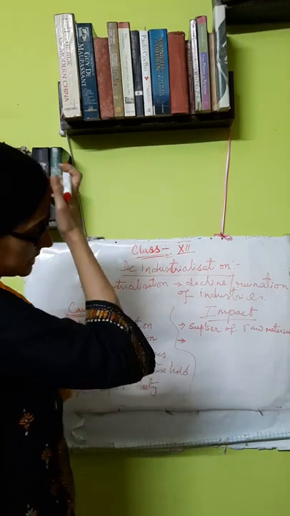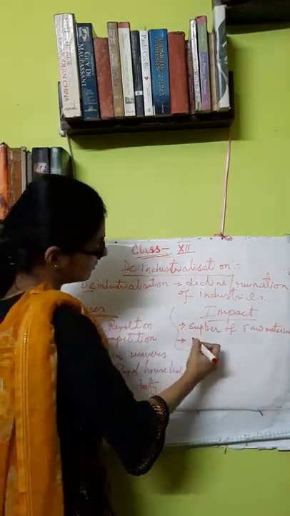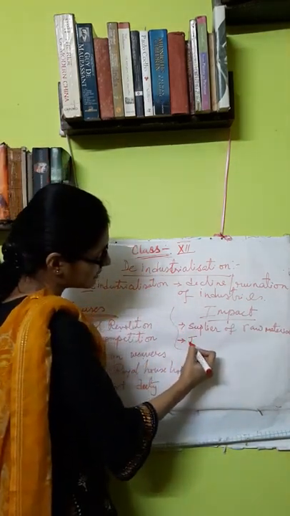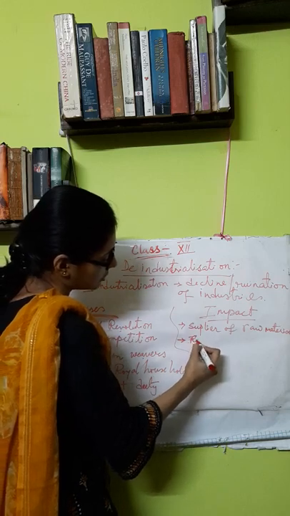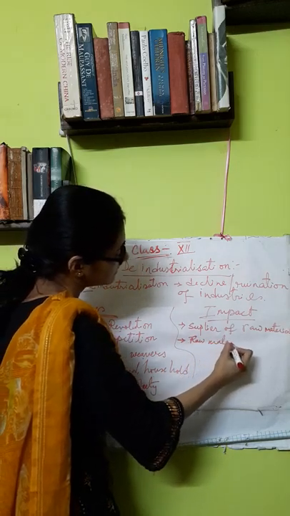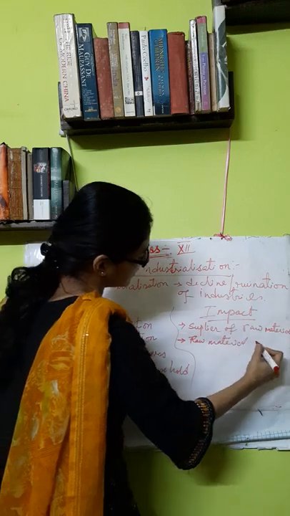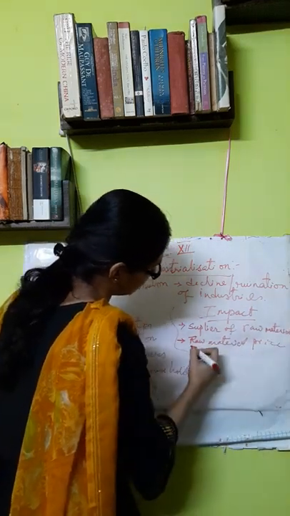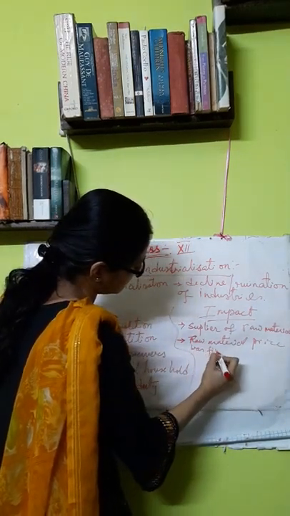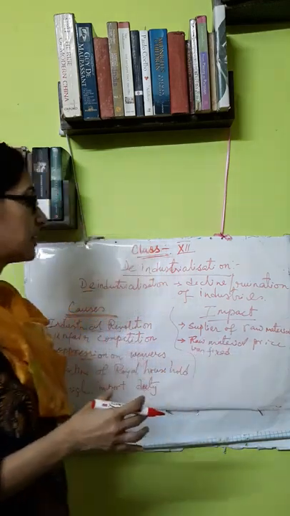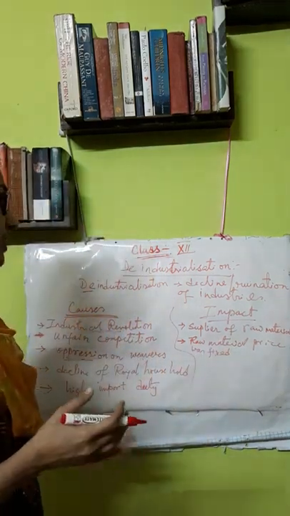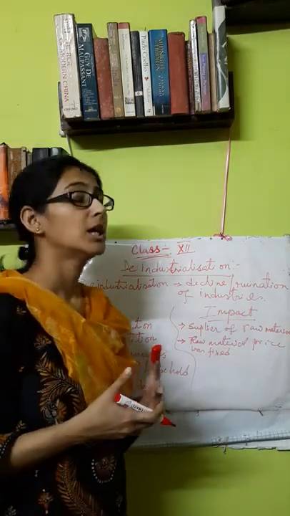So India became a supplier of raw material. Then we see that the price of raw material was also fixed by the company. The East India Company was fixing the price of the raw material. So India was suffering loss in both ways.